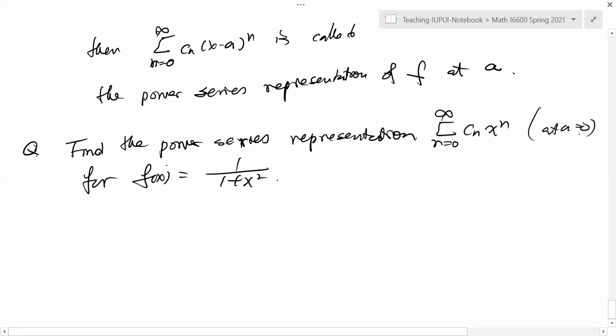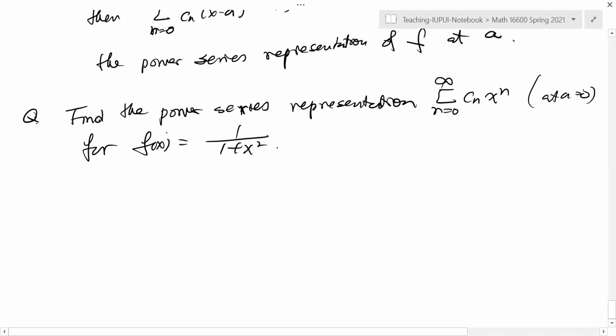So how can I do that? I use the following fact. I know that this is pretty close to this function. I know this identity, and it holds when absolute value of x is less than 1.